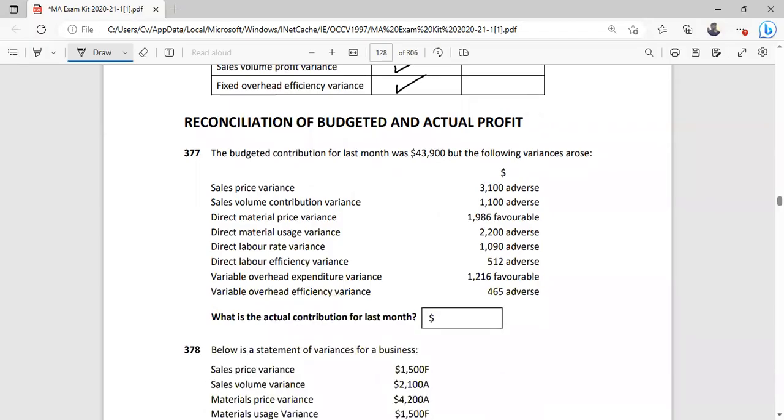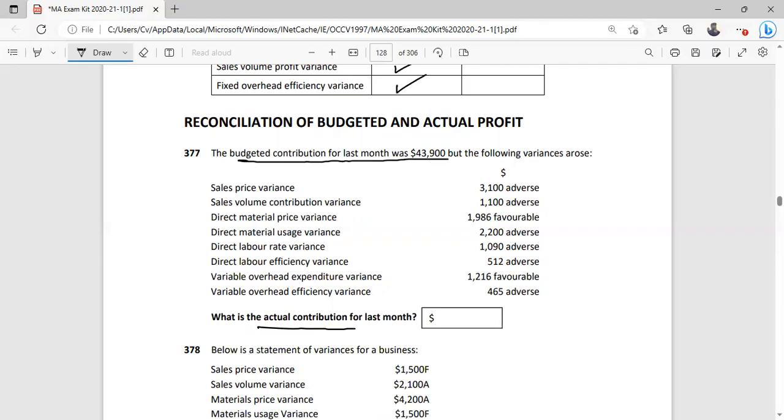Then we have reconciliation. Reconciliation means you are reconciling or calculating the difference between budgeted and actual results or budgeted and actual profit. Budgeted contribution is 43,900 and actual contribution needs to be determined. So you will subtract all the adverse variances and you will add all the favorable variances to get the correct answer.